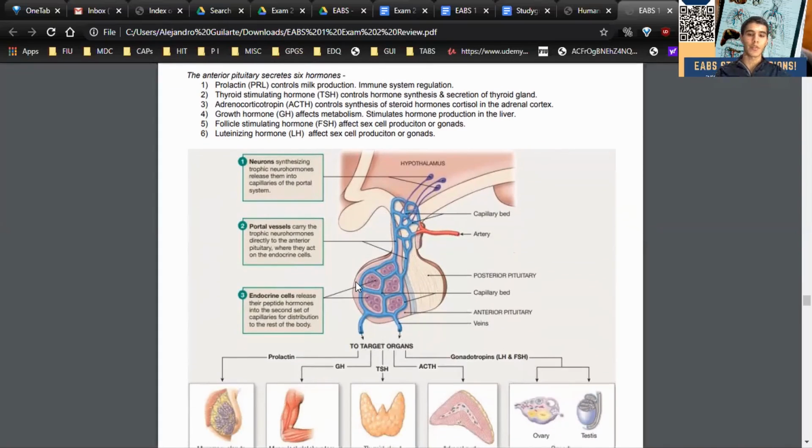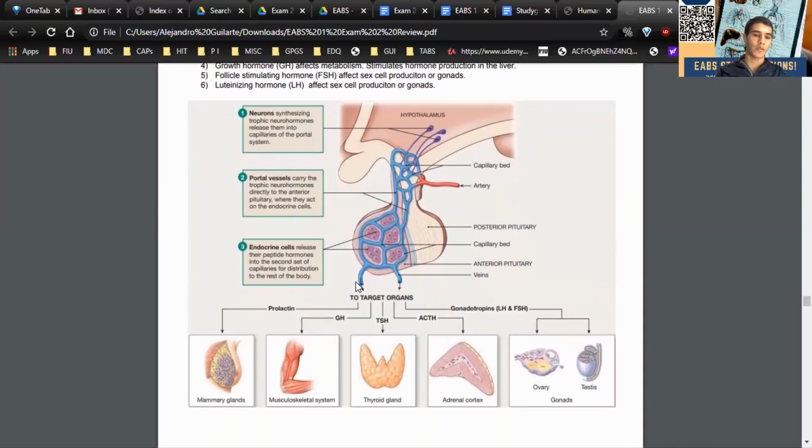So the anterior pituitary produces 6 hormones. We have prolactin, growth hormone, thyroid stimulating hormone, adrenocorticotropin, luteinizing hormone, and follicle stimulating hormone. One way I like to remember is FLAT PG, as an acronym for all 6.